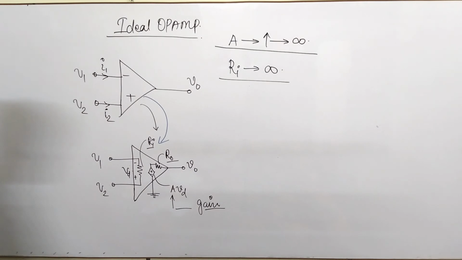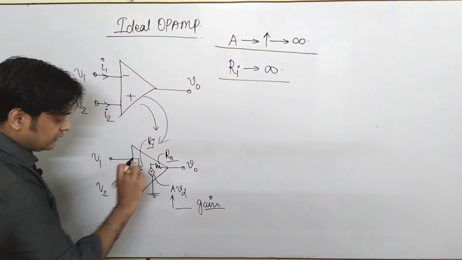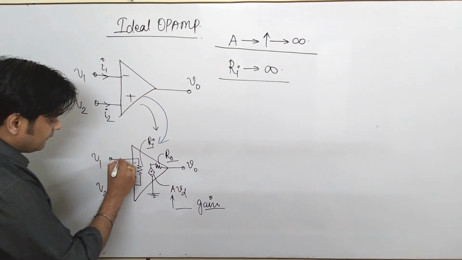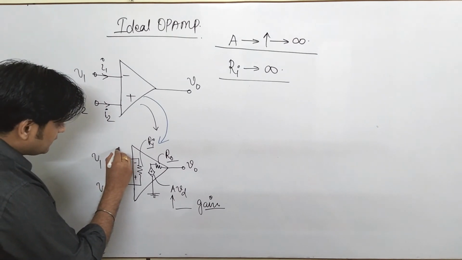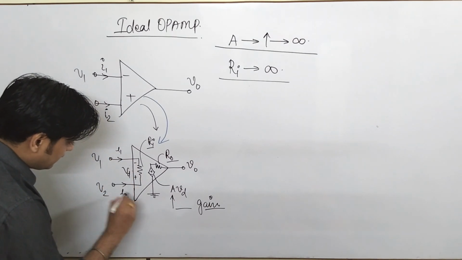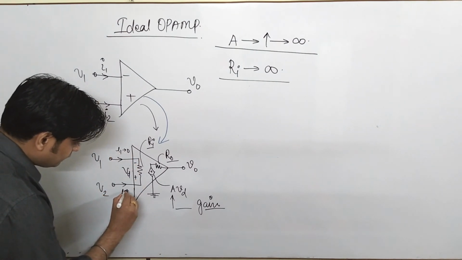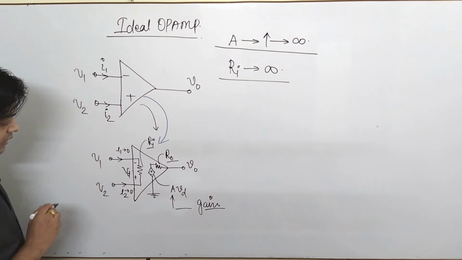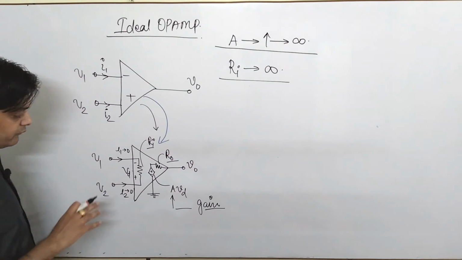So if the value of this resistance is infinite, please try to understand, the value of resistance of this network is infinite, you can say that whatever current is present here will be zero. Okay, for the time being I have taken this direction. Please don't confuse with that direction.